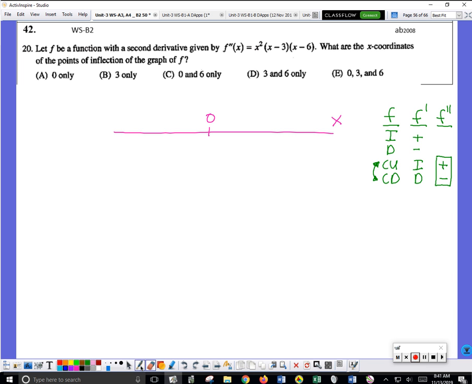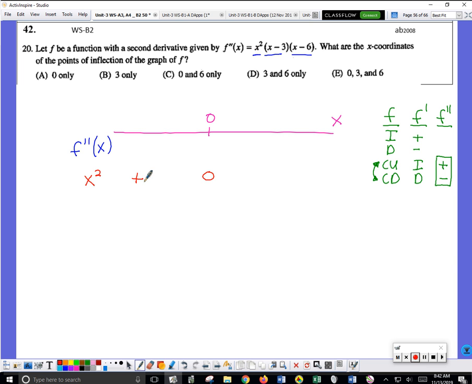So using the sign chart method, it goes pretty fast. I want a sign chart of F double prime. And F double prime is given, and it's already factored. So I simply list the factors of F double prime. This factor will equal 0 when X is 0.